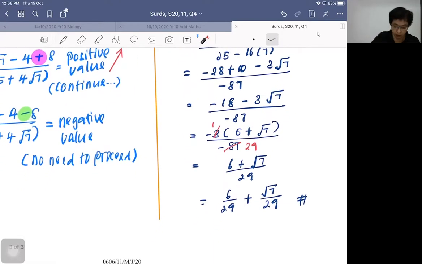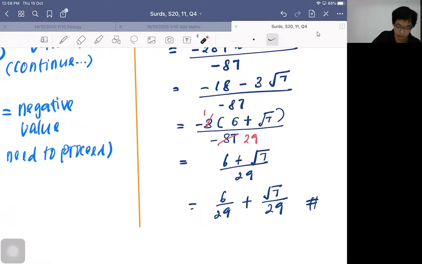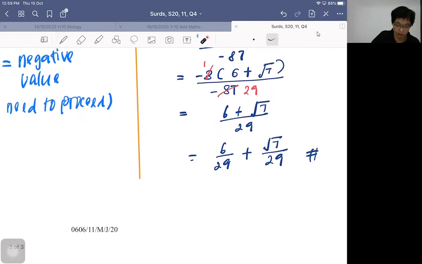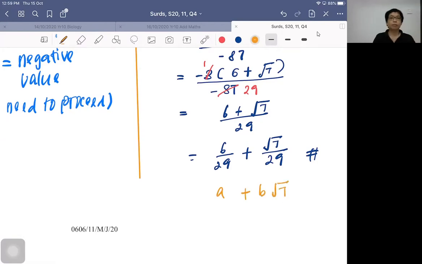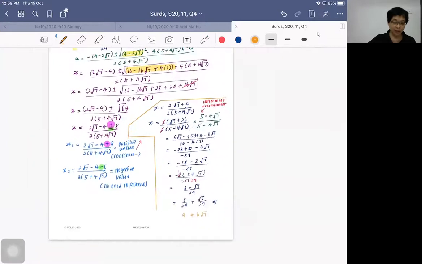So you go on, and from here you simplify. You notice 18, 3, 87. You can simplify them. By doing that, you split. So this is as the question requires, a plus b root 7. And then, ta-da, congratulations, you have arrived successfully at your destination, and full marks, 5 marks, are safely in your pocket.